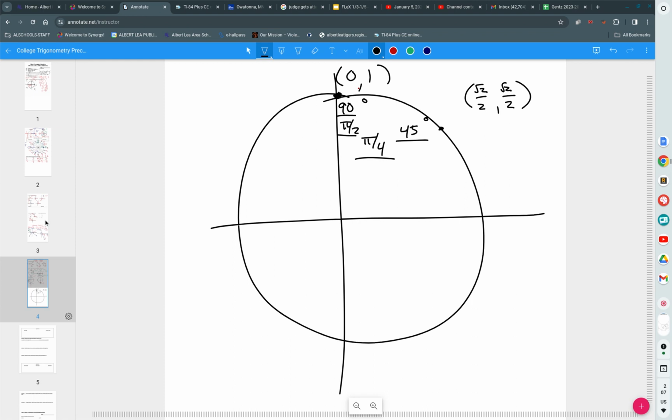It's for the 45, and then with the root 2 over 2. This would be half of the 3 over 2, okay? If it's 45 like here, then you end up with root 2 over 2. If it's a 60 or 30, then you end up with 1. Making sense?